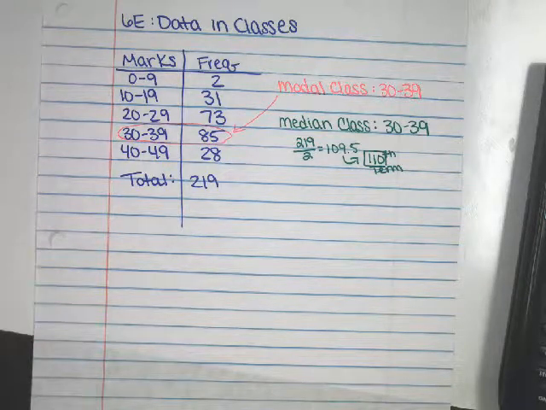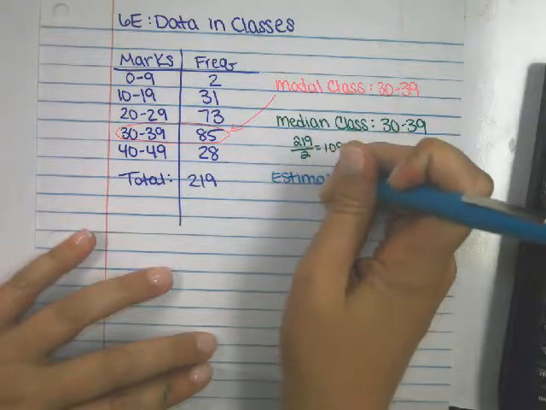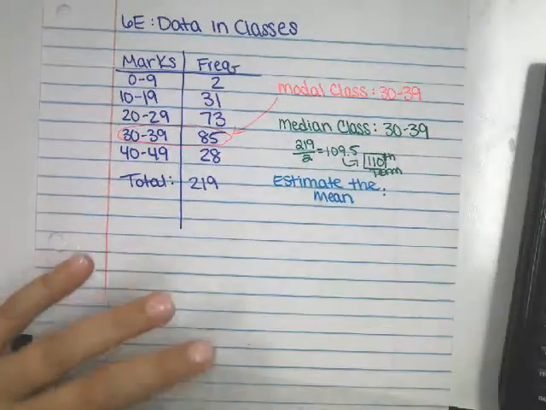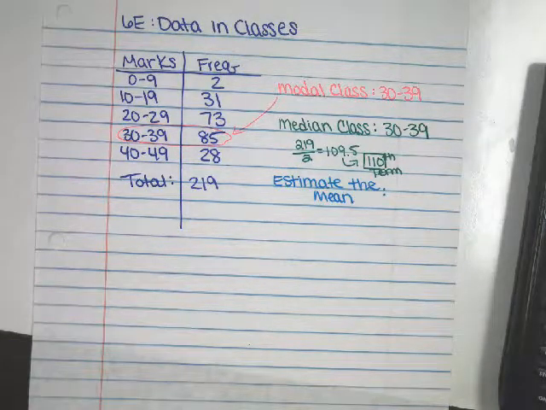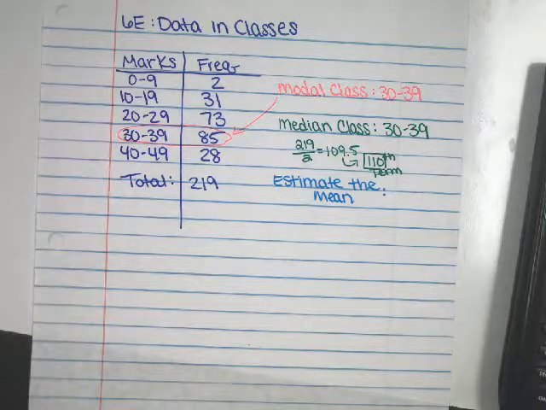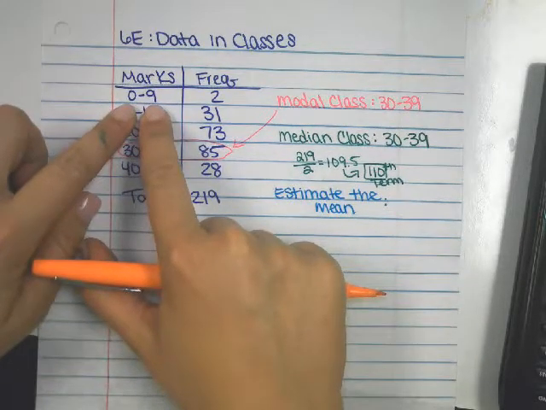Okay. And the last is we can estimate the mean. So in order to estimate the mean, we have to find the mid-interval value for each of our data categories. So what is a mid-interval value? That is going to be the number that's directly in the middle of this.